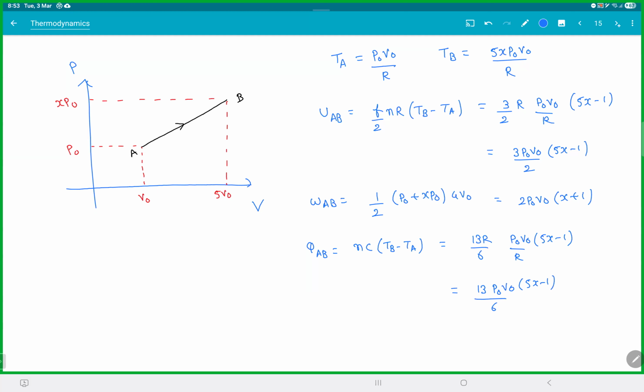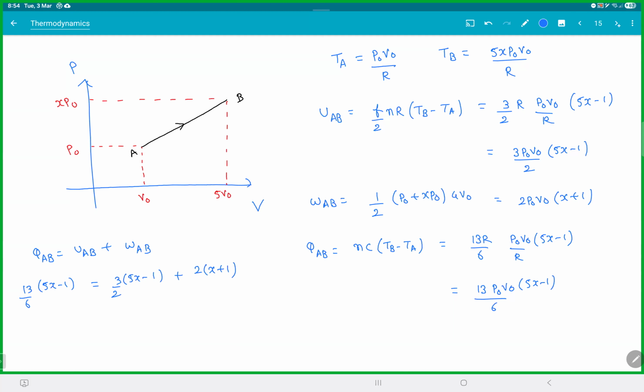We are done, right? And then from the first law of thermodynamics, we know QAB is equal to UAB plus work done from A to B. So bring all of them together, you can clearly see P naught V naught will cancel everywhere, so I'll skip some steps. You'll end up with 13 by 6 into 5x minus 1 equals UAB, which is 3 by 2 into 5x minus 1, plus work done from A to B, which is 2 into x plus 1.